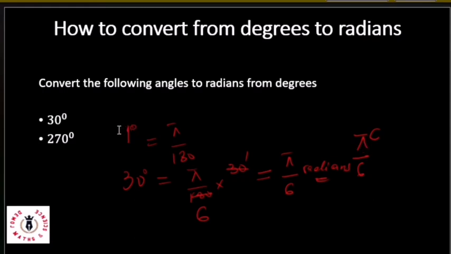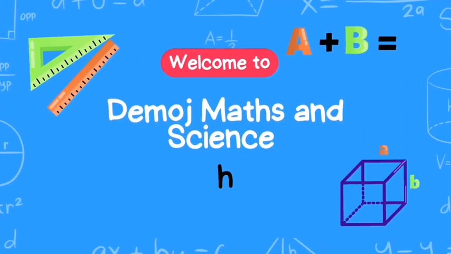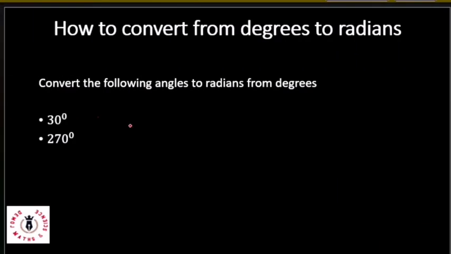Now, I want you to pause this video and try to convert 270 degrees to radians. Welcome back. Let's convert 270 degrees to radians. Now remember we said that 1 degree is equal to pi over 180.